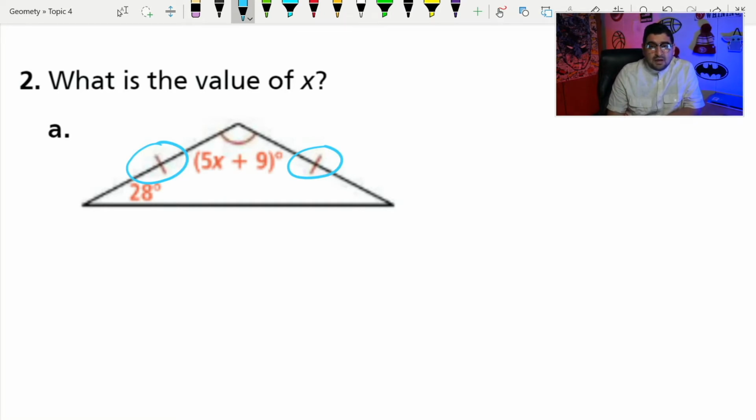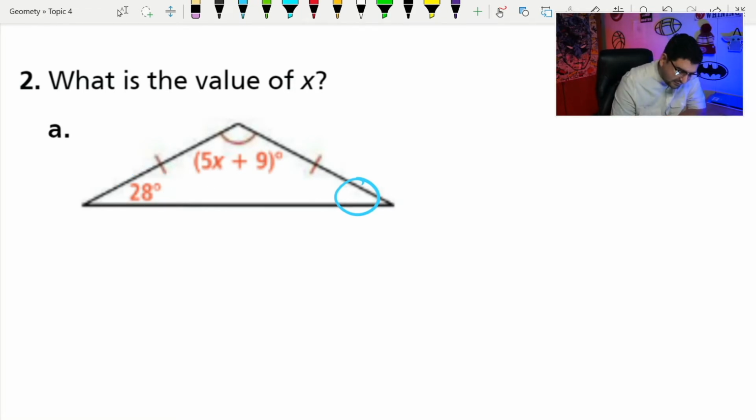Now the theorem we just saw said that if these two sides are equal to each other, then these two interior angles would also be equal. So because we have an isosceles triangle, this angle over here that's not labeled would also be 28 degrees. Why is that important? Because now I can use that information to help me solve for x.